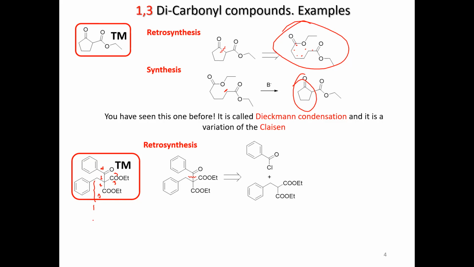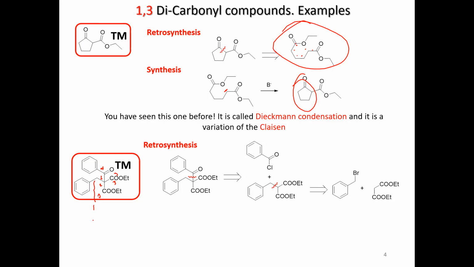So if you start from here, then you need to disconnect all the rest in another 1,3. Instead, if you start from this compound, this is as a chloride or as an ester, works the same way. As long as it's a good leaving group, it works. Then, of course, you need to keep disconnecting.